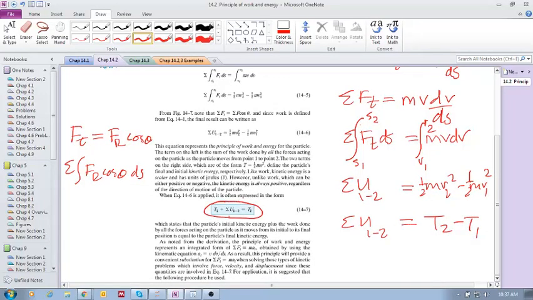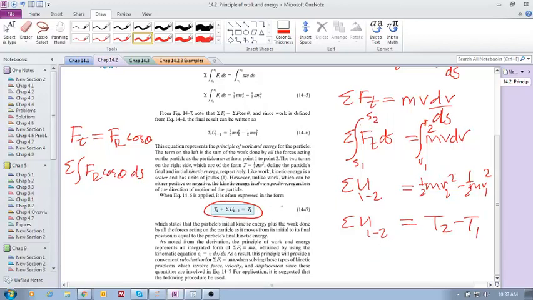All we're saying is that the initial kinetic energy of the particle plus all the work done by all the forces is equal to the final kinetic energy, or the work done on the particle is equal to the change in the kinetic energy of the particle.